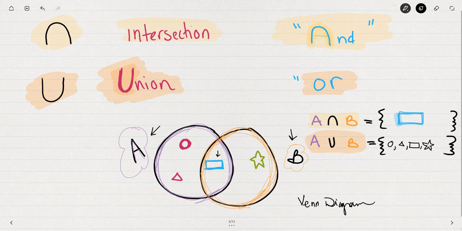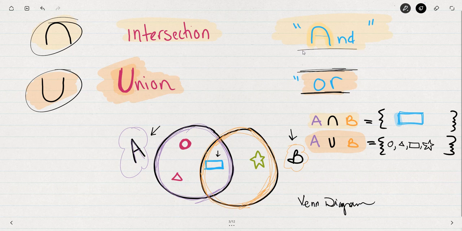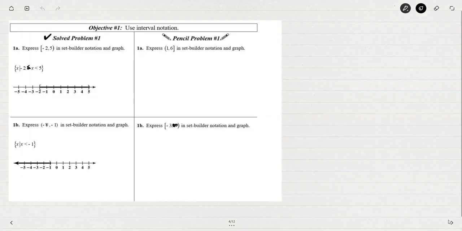All of the shapes are in one or the other. I hope that short review helps you remember what an intersection and union are, and their key words, and for intersection and or for union. That's going to come into some examples here.